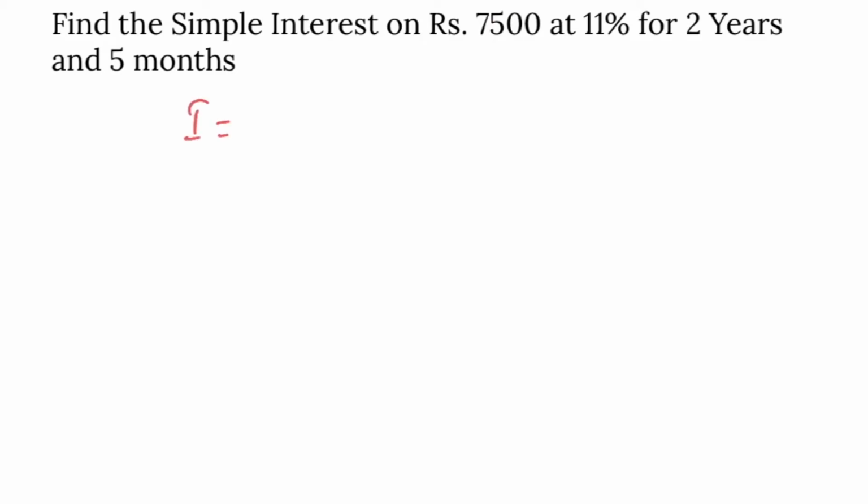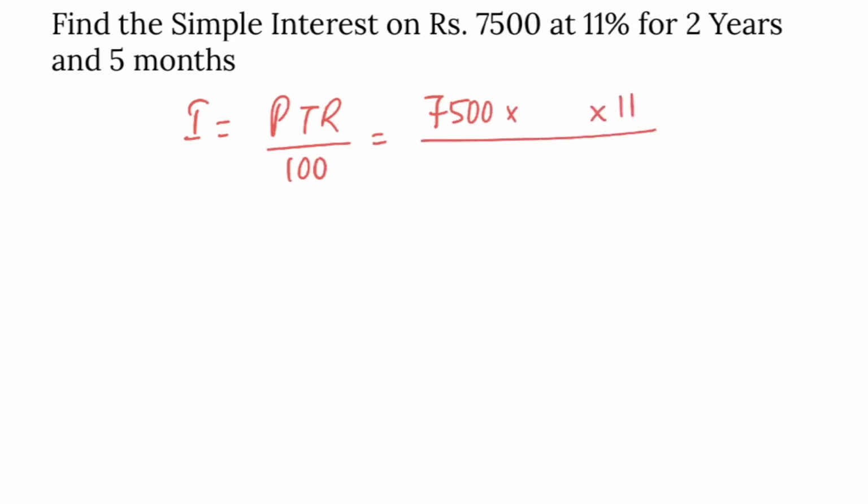Simple interest is required. I is equal to PTR by 100, where P is 7,500, rate of interest is 11% divided by 100, whereas time period is 2 years 5 months.